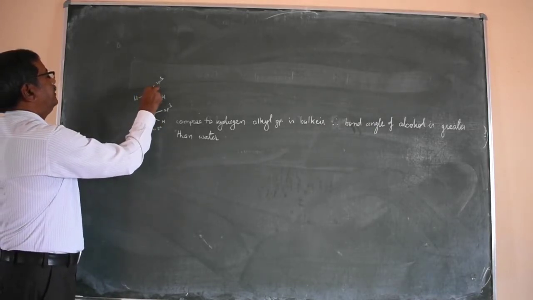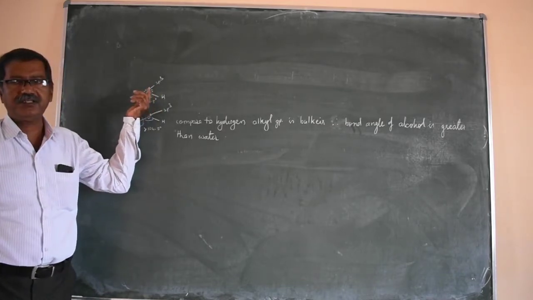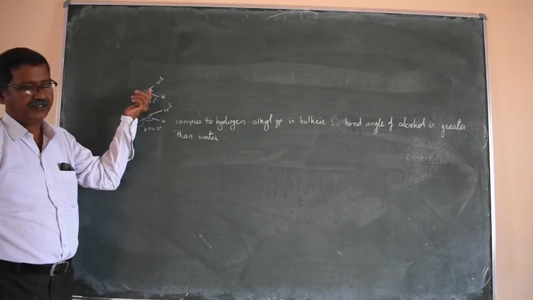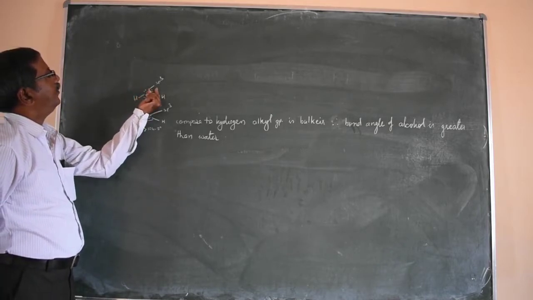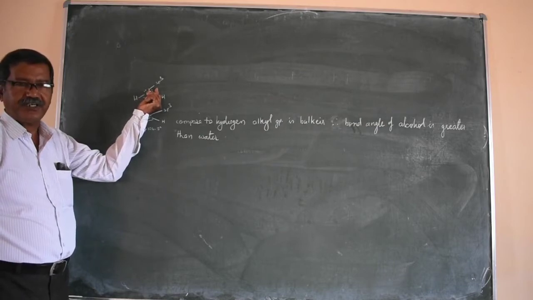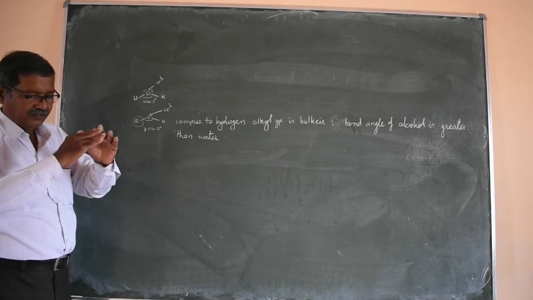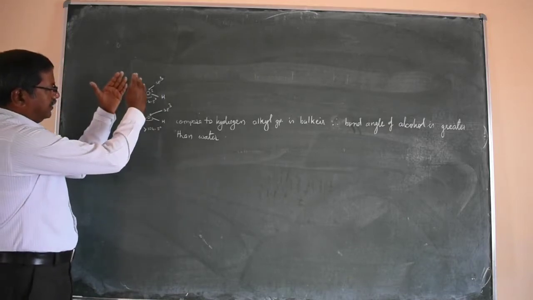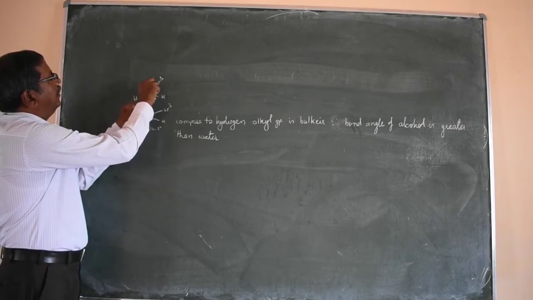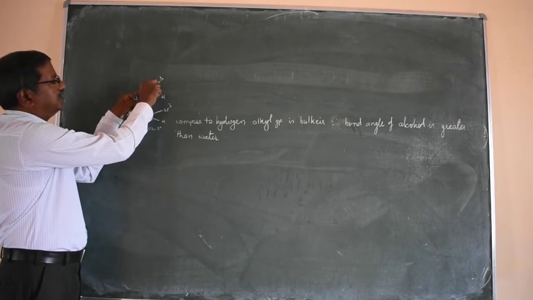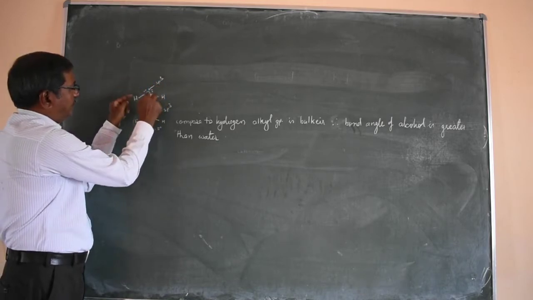For sp3 hybridization, as we know, the bond angle is 109 degree 28 minute. Due to 2 lone pairs of electrons, which you studied in the first year, there is a greater repulsion between the lone pair and lone pair, and the bonds come closer.